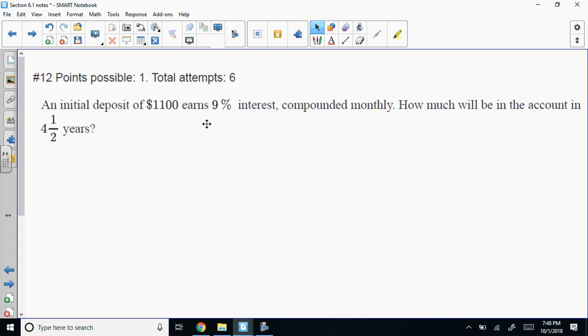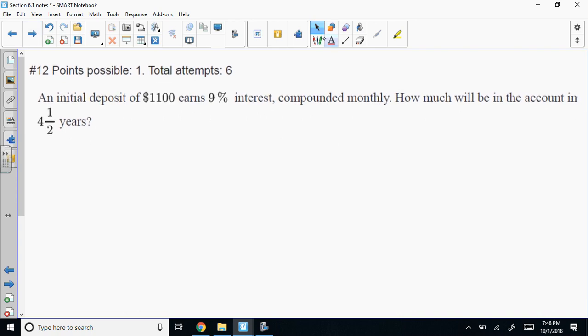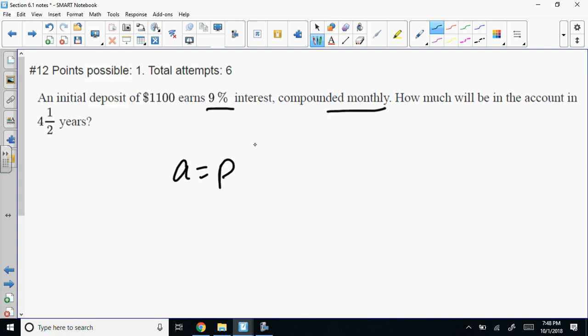Initial deposit of $1,100 earns 9%, compounded monthly. All right, so this one is compounded interest, right? So compounded monthly, the N is 12. We're going to set this up.